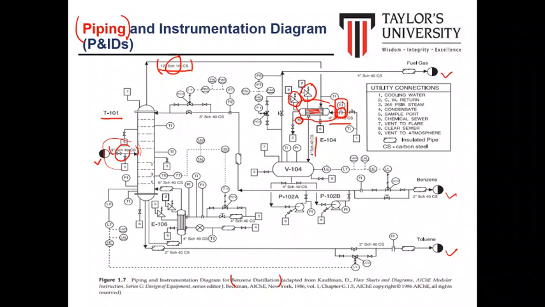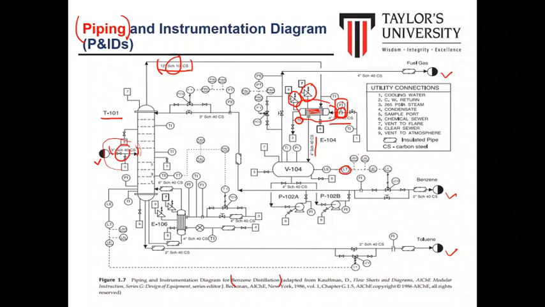Basically, the level element is not a physical instrument. It's just a signal, connected with the level transmitter. The transmitter is the physical equipment, the instrumentation mounted on the vessel.